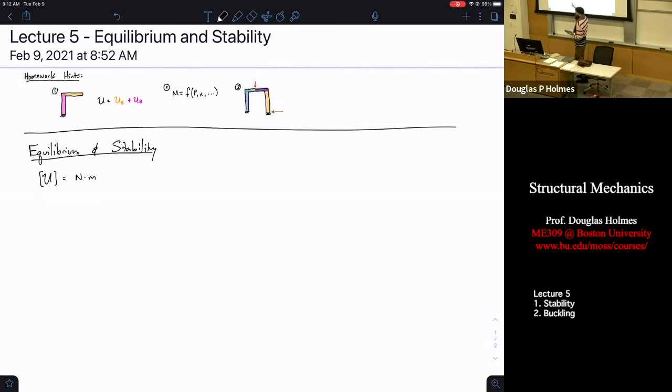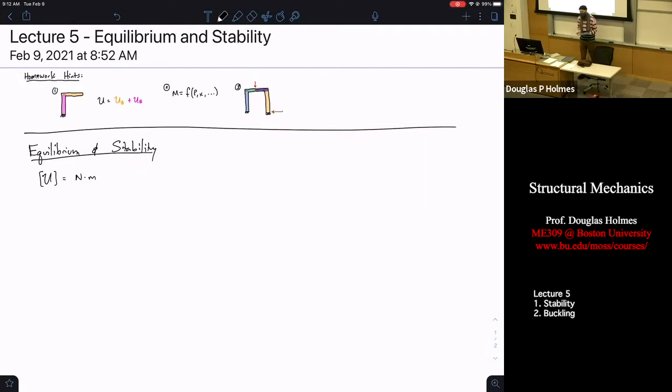But there's something deeper at work here, which may be obvious to you, but it may not. If I take the derivative of my strain energy with respect to a length, I get a force. Equilibrium tells us that we require the sum of all the forces to be equal to 0.